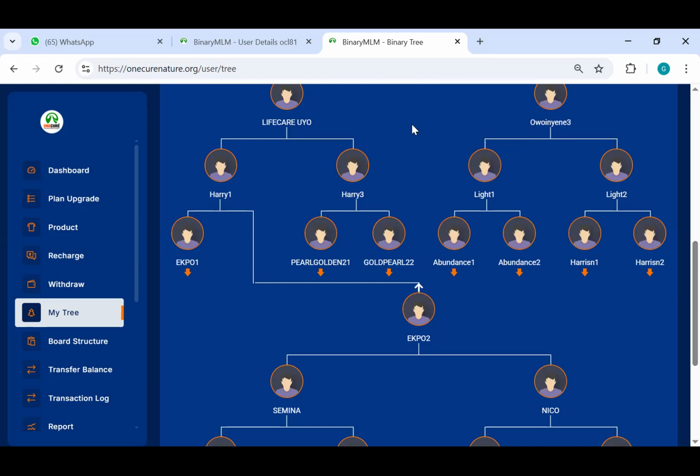So our system recognizes you both on referral bonuses, on matching bonuses, and on BV. And at the same time, it recognizes you on the number of people that have come into your tree.